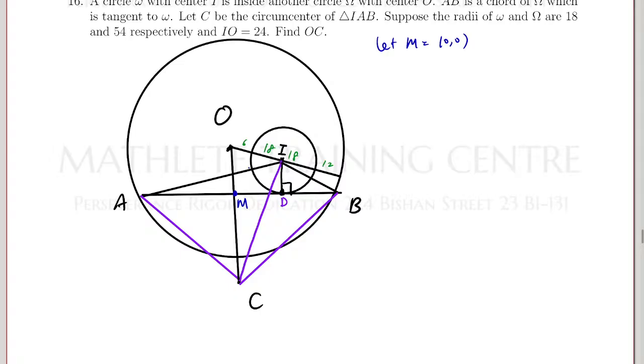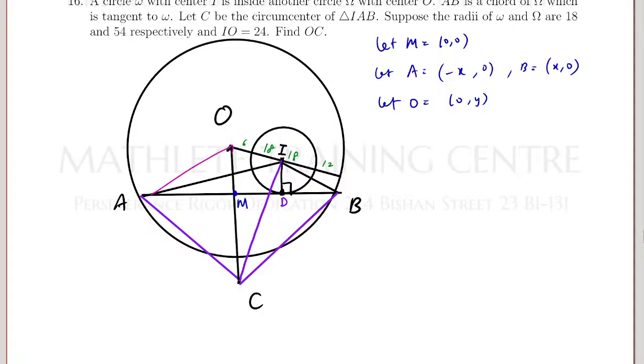If M is 0, 0, let's set these two things. Let A be negative x, 0, why not? And B equals x, 0. Let O be equal to 0, y. This one right here.